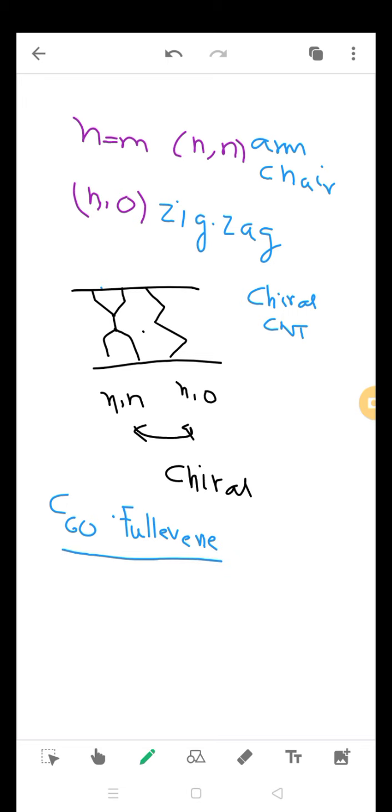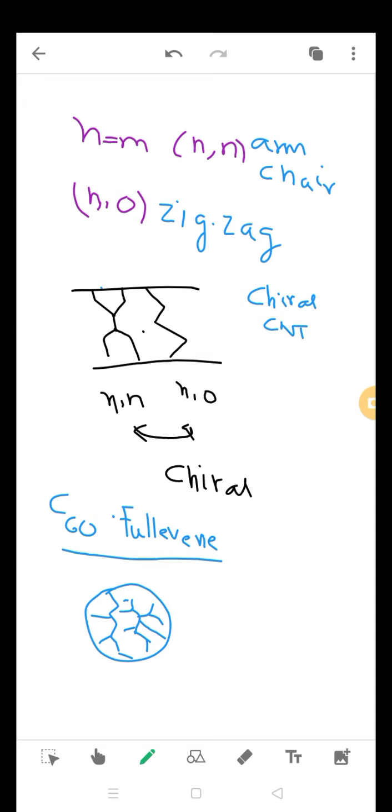Basically it is like the shape of a football with carbon atomic layers on the surface. So there are basically 60 carbon atoms surrounding the whole structure.